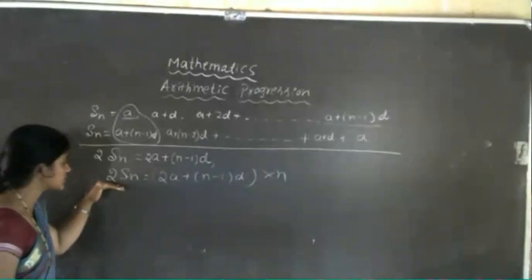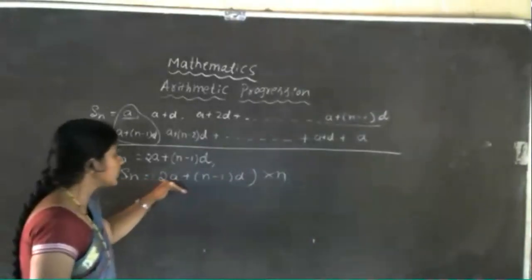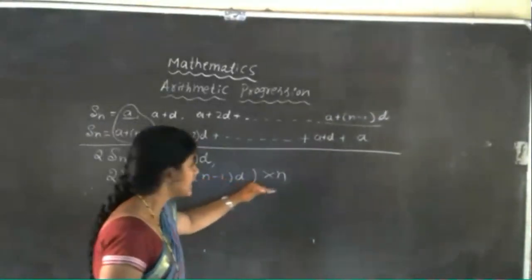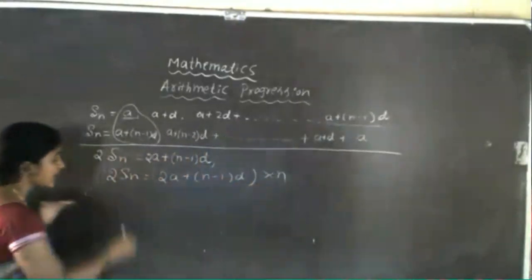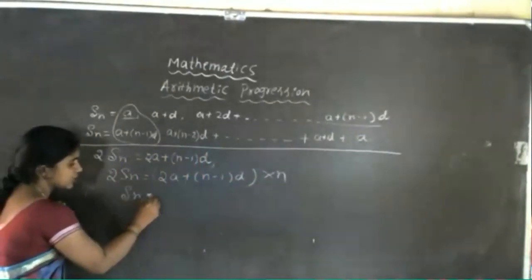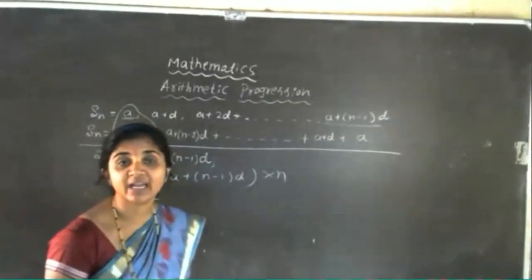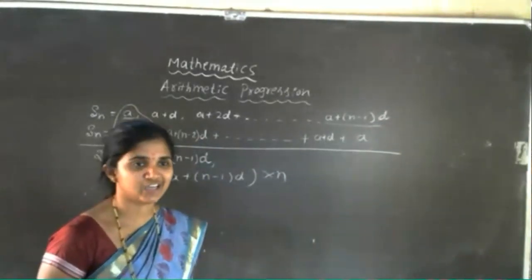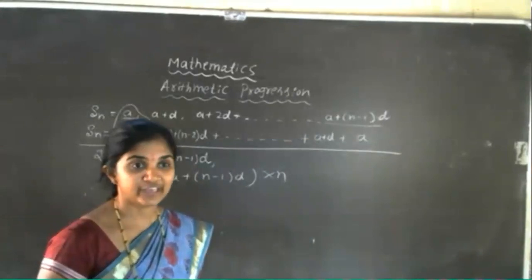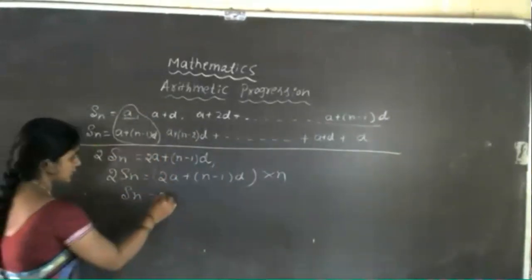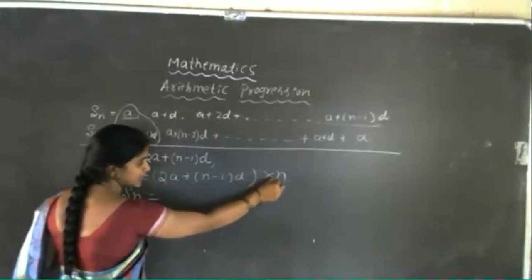Okay. So next, 2Sn is equal to 2a plus n minus 1 into d into n. Okay, so next, Sn is equal to. Now we need Sn. Sn is nothing but sum of n terms. So Sn is equal to, this one is same, into n is there now.